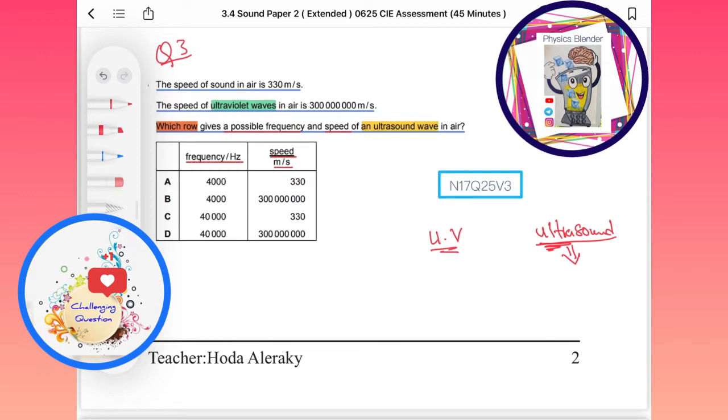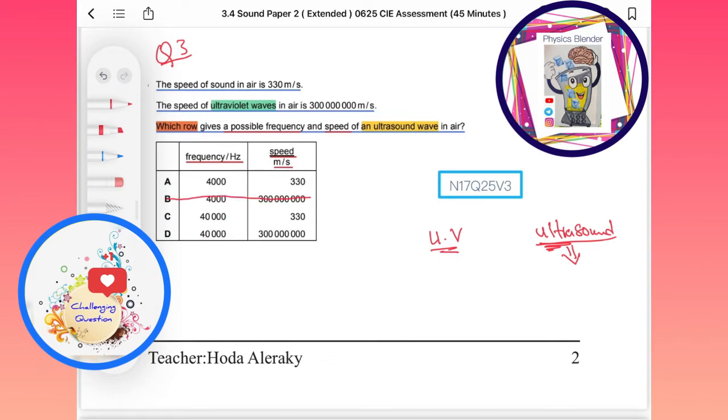The speed of ultraviolet here is given to allow you to differentiate between ultrasound and ultraviolet radiation. The speed is not related here, no change in speed. Ultra refers to frequency, not to speed. So you have to exclude any high speed here.